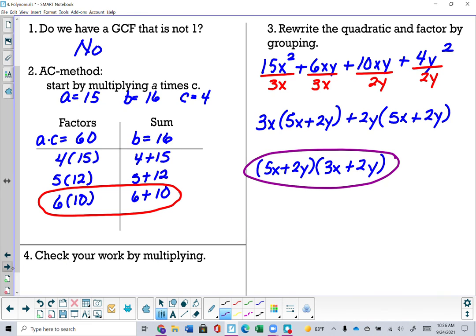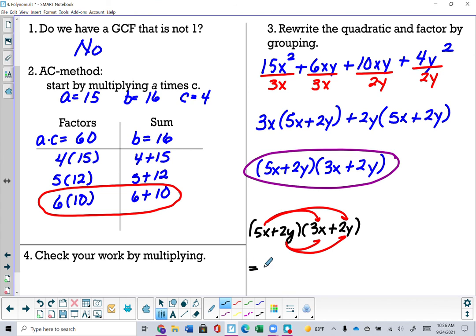Well, check your work by multiplying. So, if I take the 5x plus 2y, multiply that by the 3x plus 2y, so distribute throughout, and that gives me 15x squared plus 10xy plus 6xy plus 4y squared.